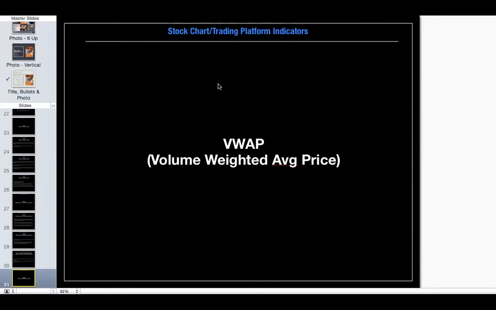So one of the other ones that you have is VWAP, the volume weighted average price. Now, a lot of people use the VWAP for trading options. You can use it for day trading, swing trading shares also.